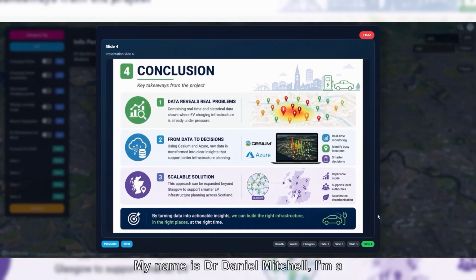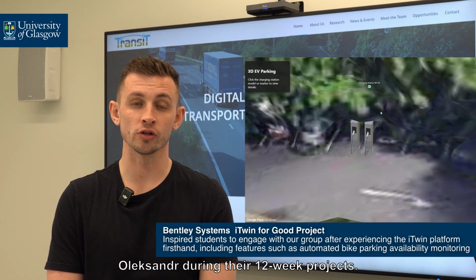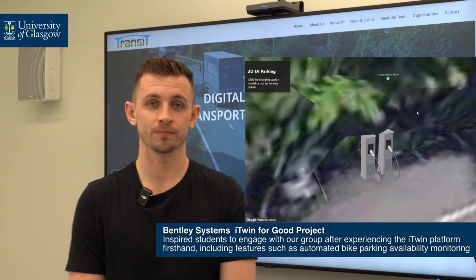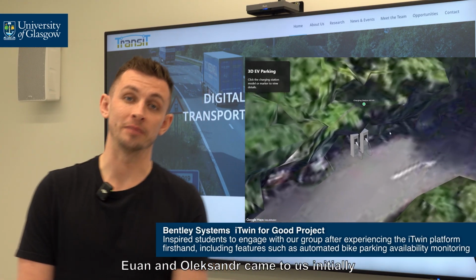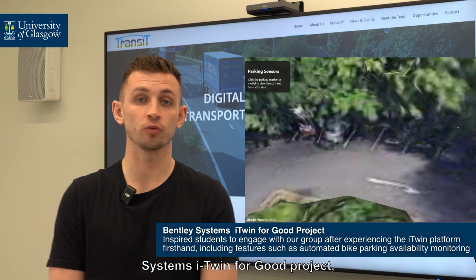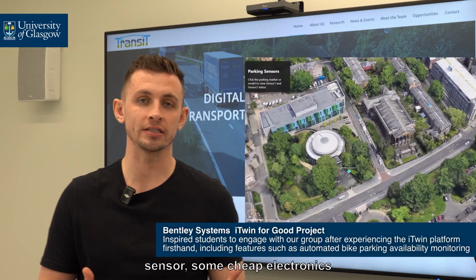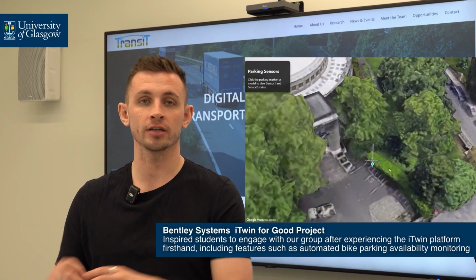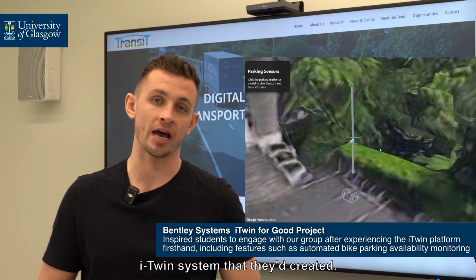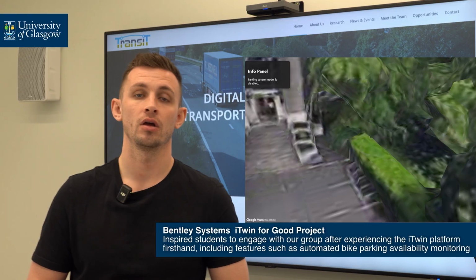My name's Dr. Daniel Mitchell. I'm a research associate at the University of Glasgow, and I've been supervising Ewan and Alexander during their 12-week projects. Ewan and Alexander came to us initially following a Bentley Systems iTwin for Good project, which they took part in, where they utilised an ultrasonic sensor, some cheap electronics, and connected it to the Bentley Systems iTwin system that they'd created.